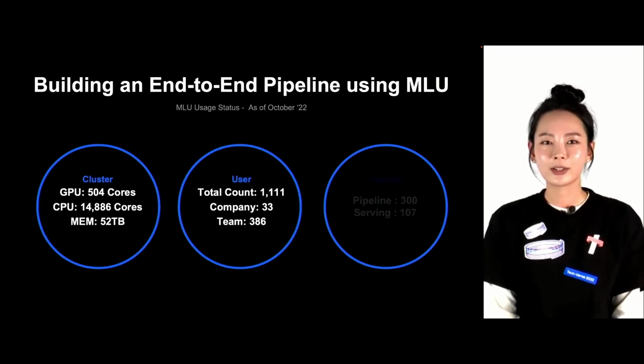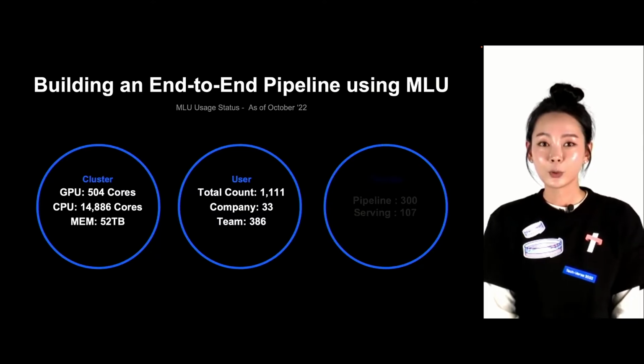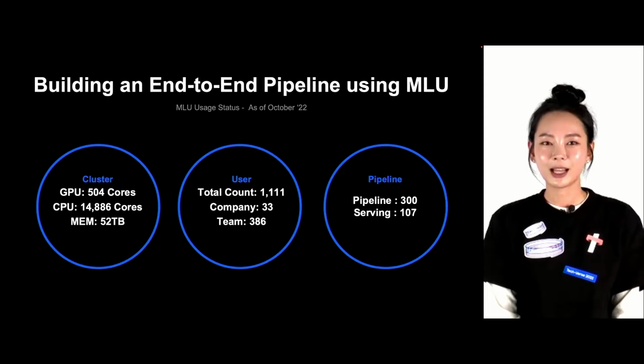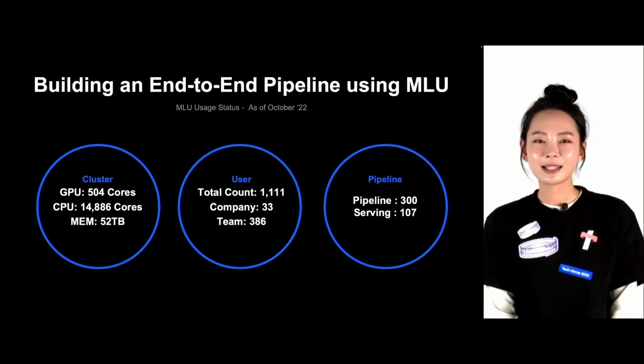And all global affiliates of LINE, such as in Japan, Thailand, and Taiwan, 300 or more machine learning model development teams are using LINE's MLOps environment. So MLU is running more than 300 automated pipelines, and 107 machine learning models are served reliably at production level through MLU.